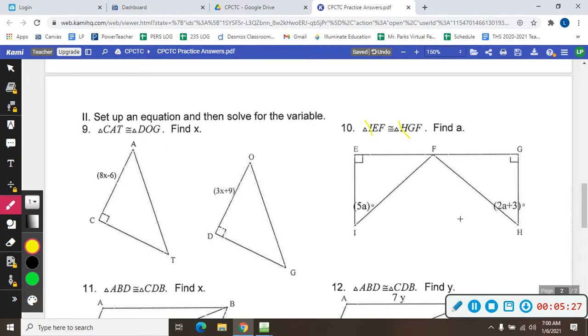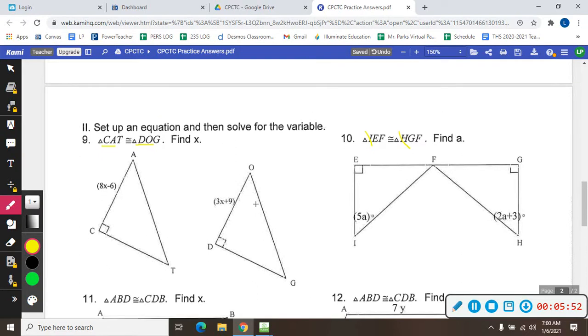So I could do 5A is equal to 2A plus 3, solve for A. Here I see that CA is congruent to DO because they're in the same position, and this says triangles are congruent, so that means all the corresponding parts are congruent. So CA equals DO, you just set those equal to each other and then solve.